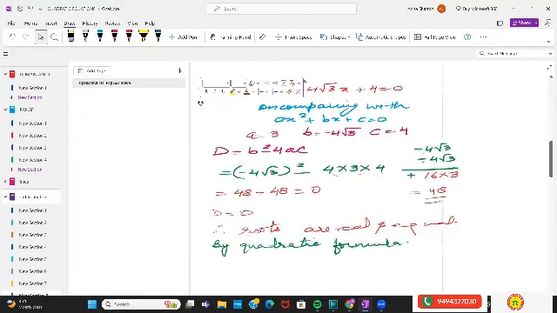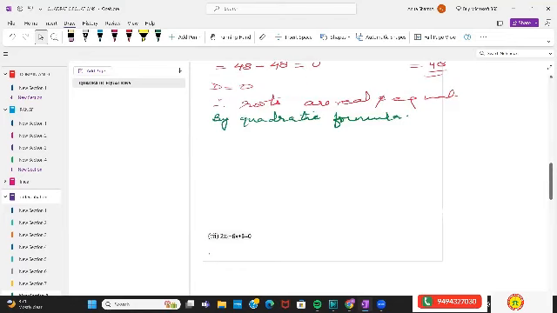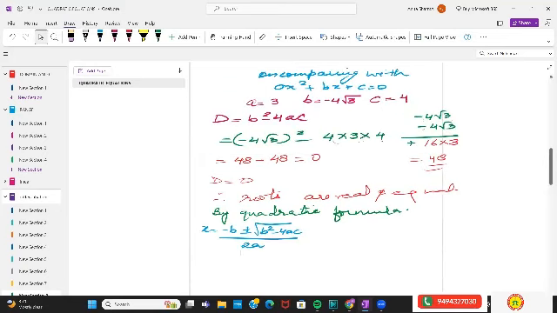Okay. So by quadratic formula, x is equal to minus b plus minus under root b square minus 4ac upon 2a. So let's see. Value of b is minus 4 root 3.